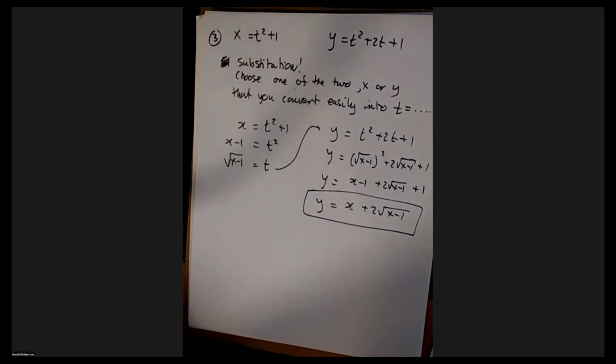As a process goes, does that seem algebraically a sensible way to do this question? Pick one of the two equations and make it a t, and then substitute that into the other equation, then make it look pretty. Good. Let's move on and try a different question.